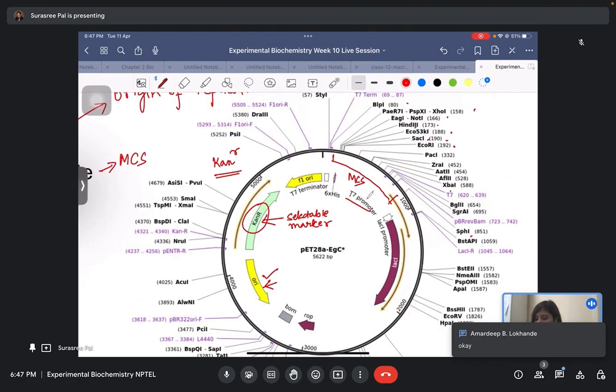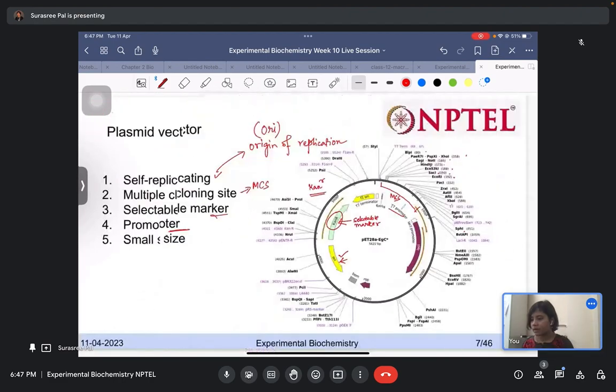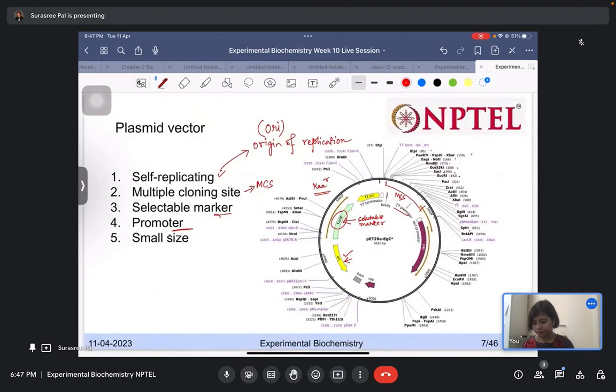Now you can see here that the plasmid is also of small size. We discussed in our previous session the difference between plasmid DNA and genomic DNA: genomic DNA is much larger in size, but plasmid DNA approximately ranges from 5 to 10 kilobases.